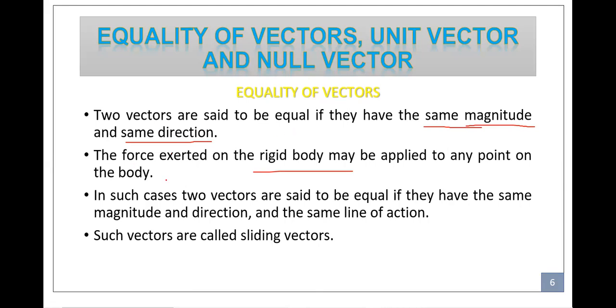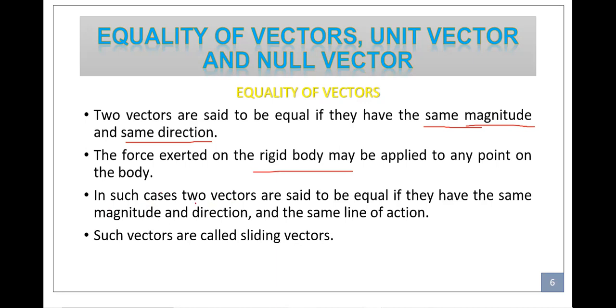The force exerted on the rigid body, as I said, when I give force on any end of the block, it moves, right? That means I am exerting a force on the block. So if you give force to a rigid body at any point on the surface, it will move, right?